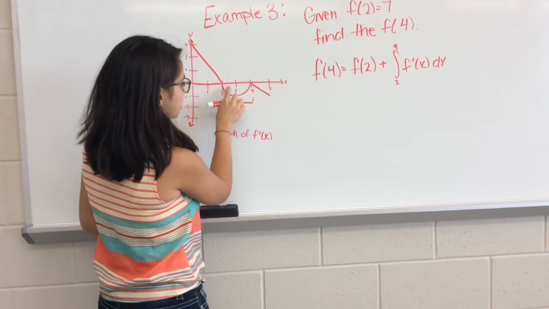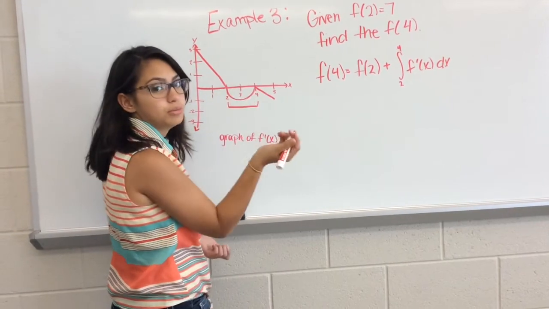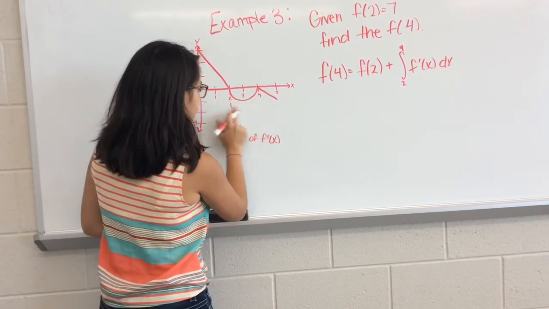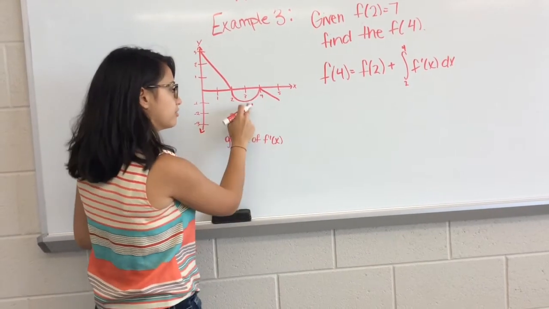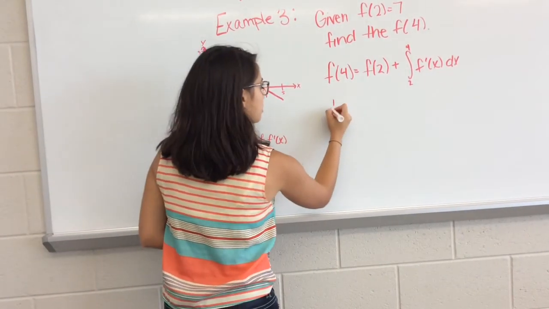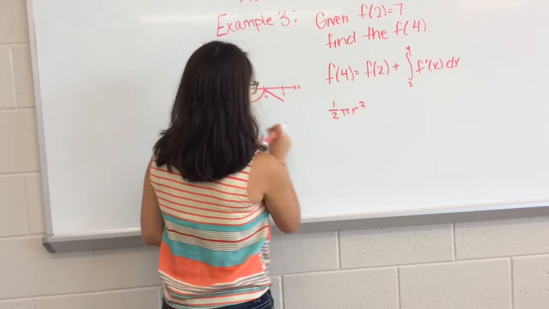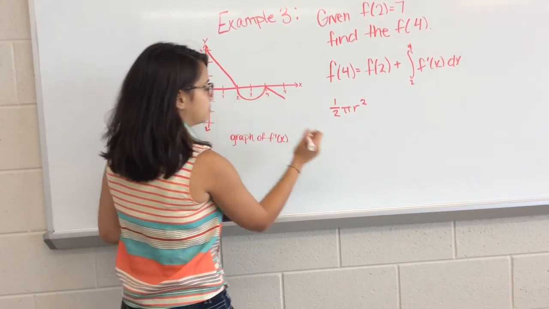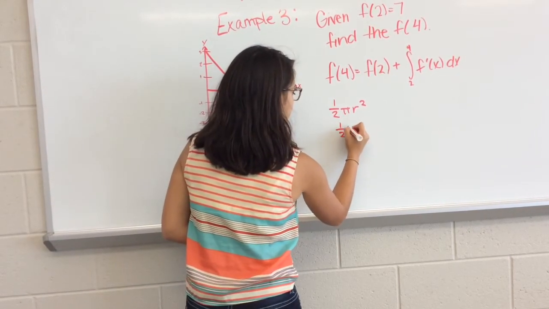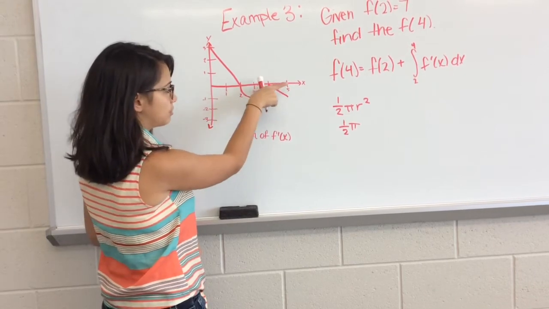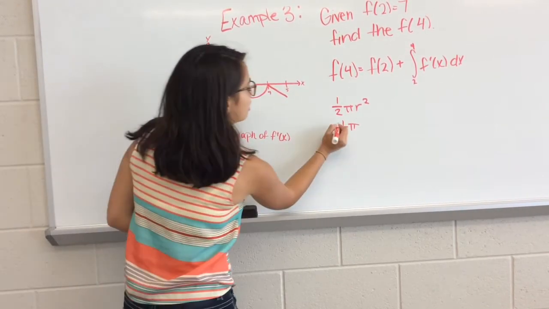So what we're going to do is find the accumulated area of the graph. So you would use area of a semicircle, which would be 1/2 pi r squared. And our radius right here is 1, so it would just be 1/2 pi. And because it's under the x-axis, it's going to be negative.